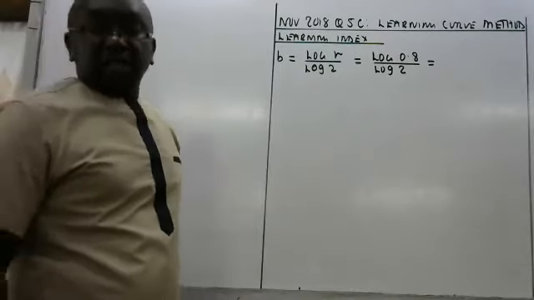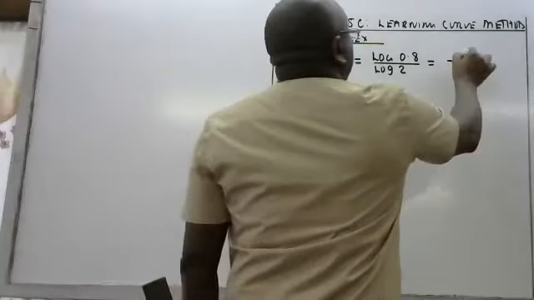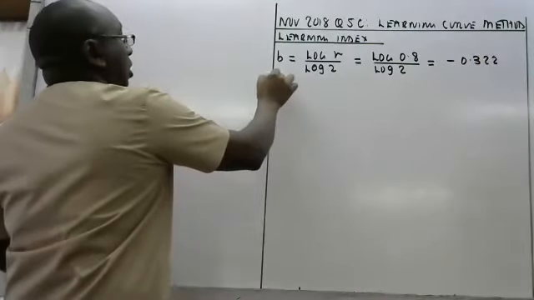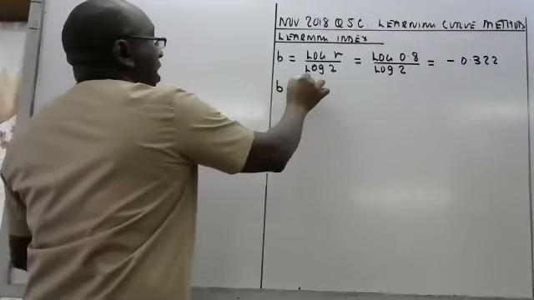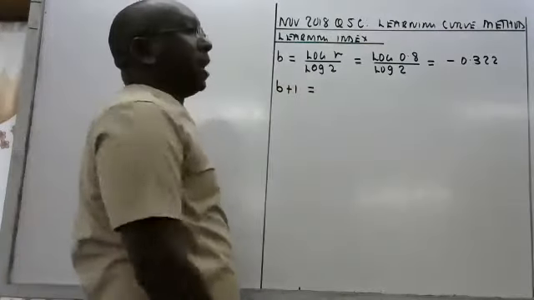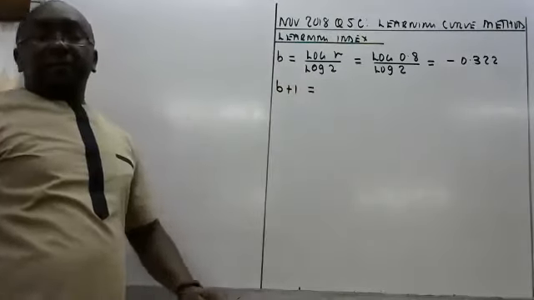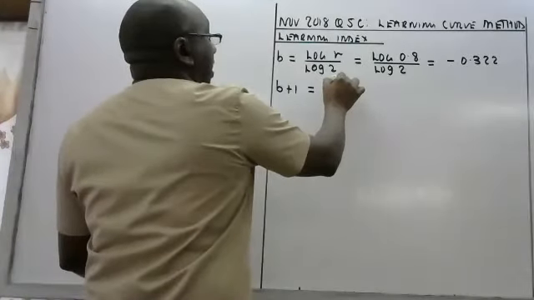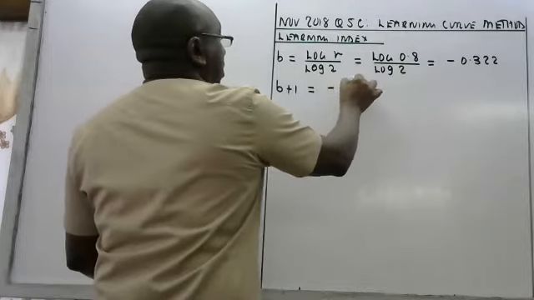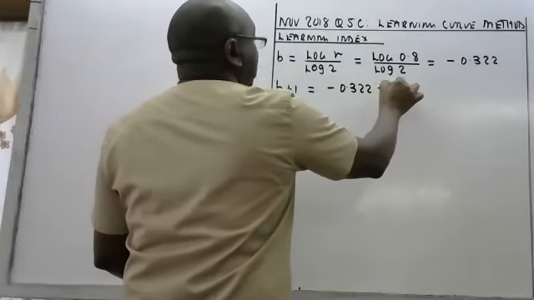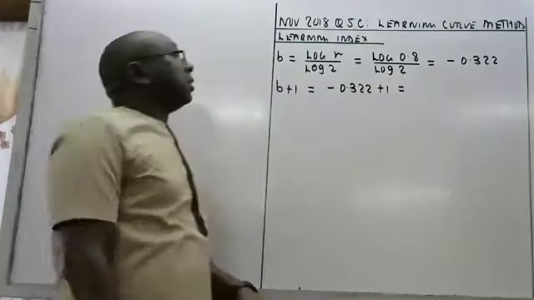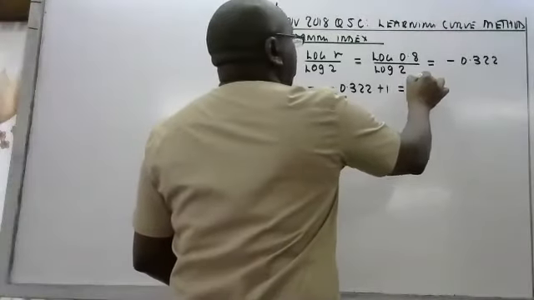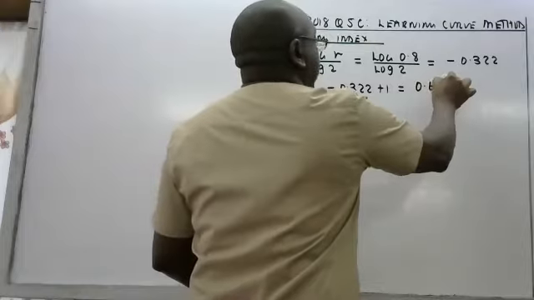To 3 decimals, that is minus 0.322. So this one is followed by B plus 1, that will be minus 0.322 plus 1. That is 0.678.